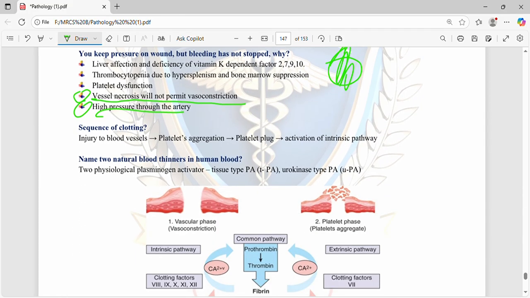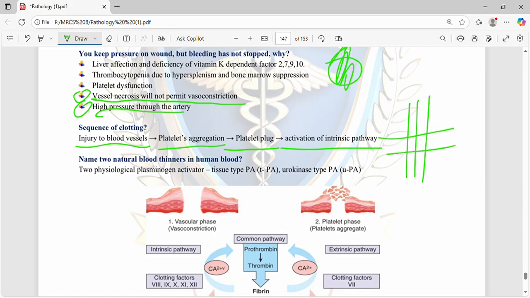Sequence of clotting: injury to blood vessels, platelet aggregation, platelet plug formation, activation of the intrinsic pathway, which makes a fibrin mesh. Name two natural blood thinners in human blood.